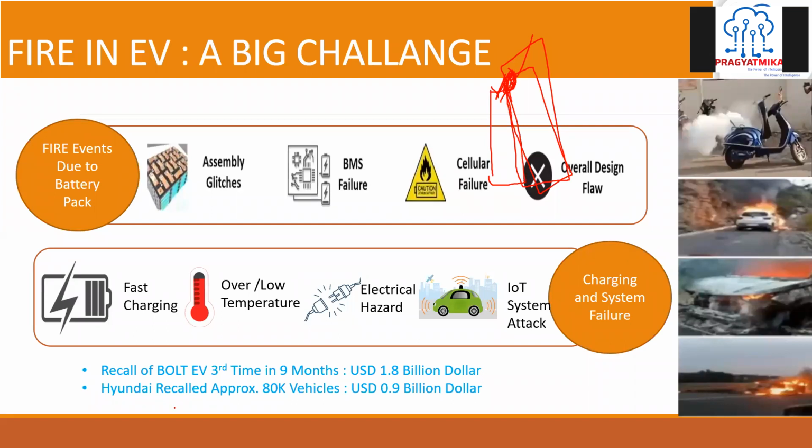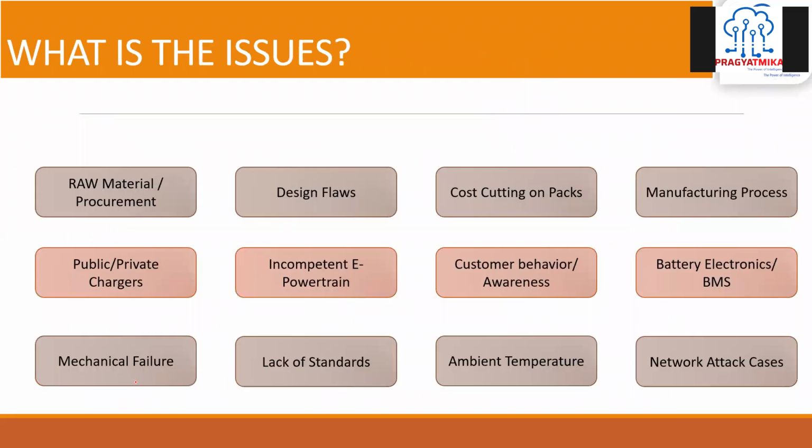So these are some of the reasons in the EV. A few more I have brought out. The raw material is again a very big issue, specifically in the context of India or maybe African zones or Latin American zones. The import is from countries like China, South Korea, Japan, and the USA. All these are the countries the cells are coming from. So we are not getting grade A cells.